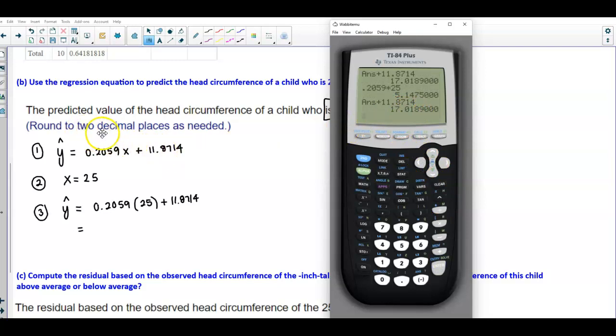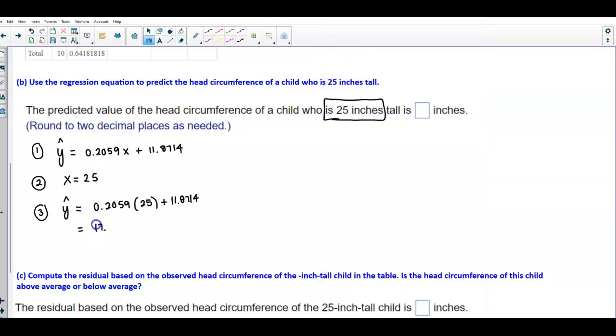We need to round this to 2 decimal places. So first put the answer in, 17.0189, and now we round this to 2 decimal places, which is 17.02.